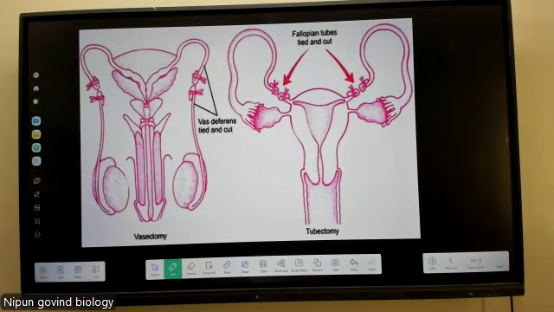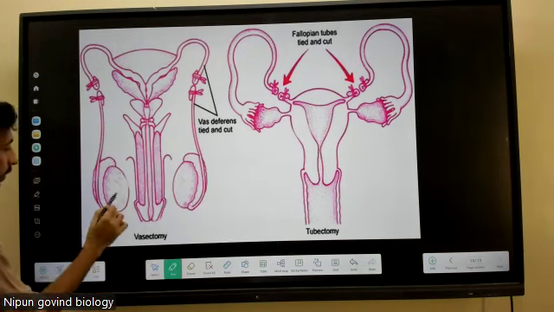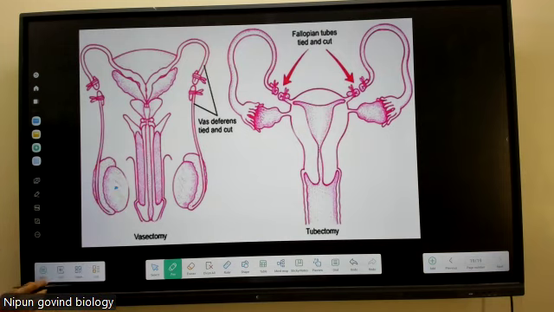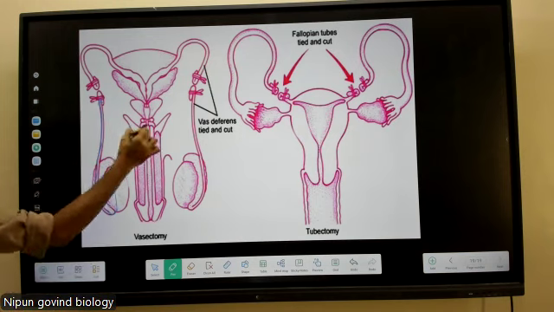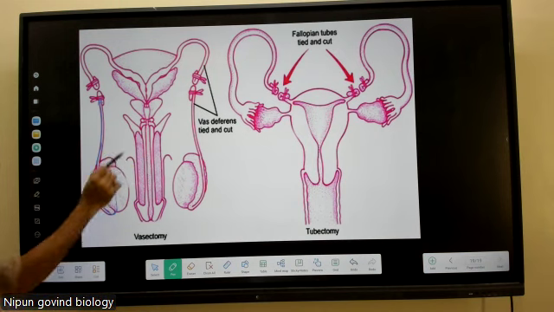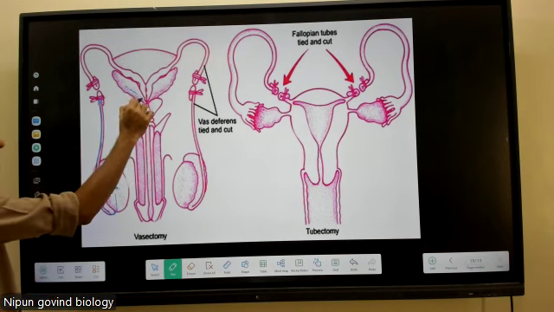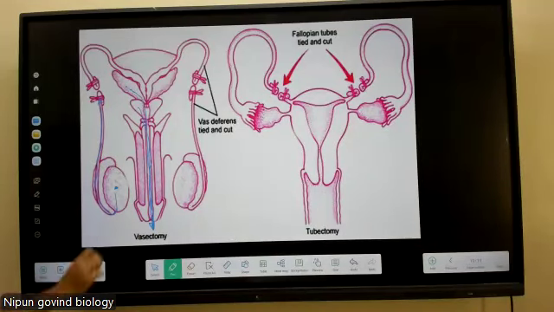Look, guys, listen. The sperm is produced here. Sperm will be released, but the sperm cannot enter the urethra, so the sperm cannot come out. But the secretion of the seminal vesicle, the prostate gland and the bulbourethral gland will come out.